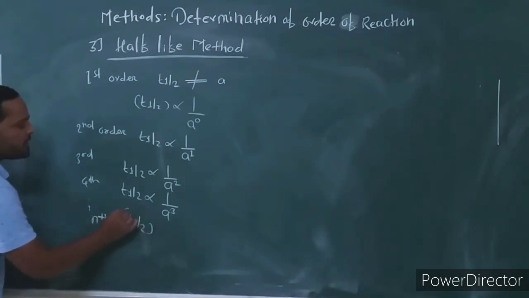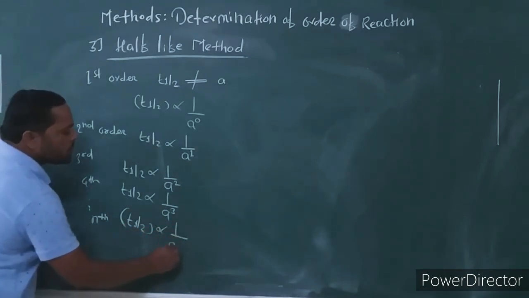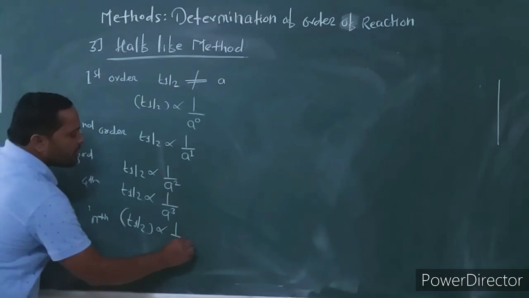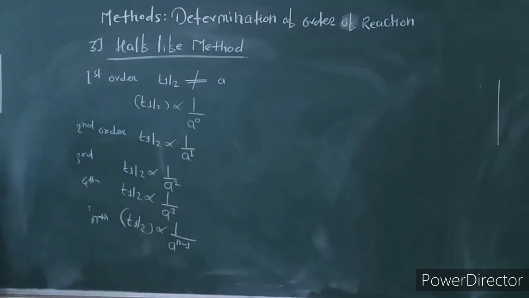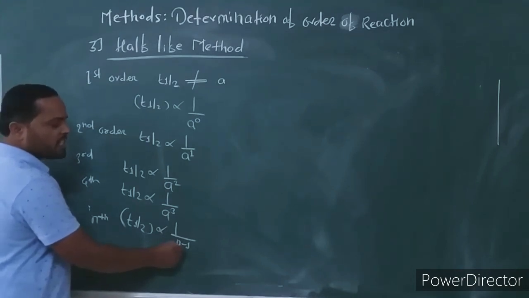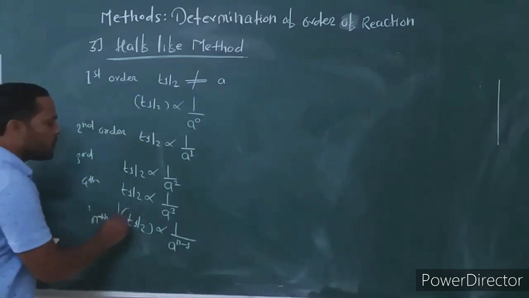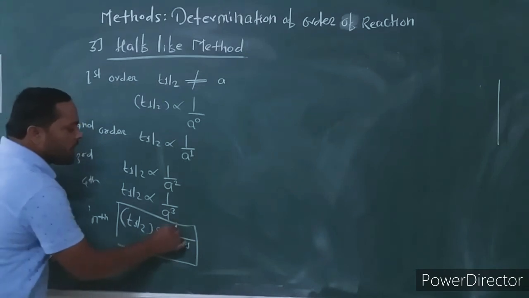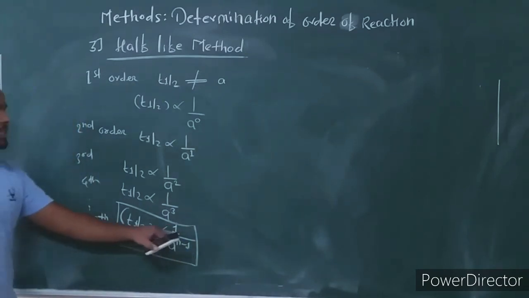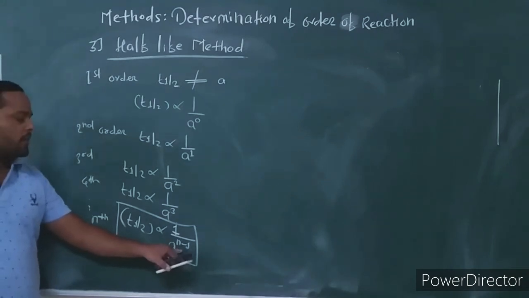In general, for the nth order reaction, half-life period is inversely proportional to the initial concentration having the exponent n minus 1.